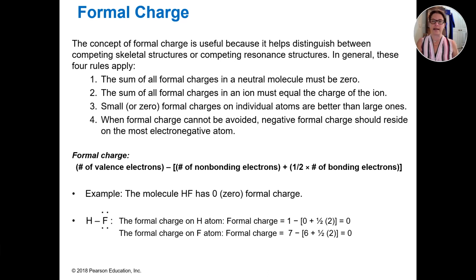So let's look at an example. If I just look at HF here, and I want to calculate the formal charge on the fluorine, I'm only looking at the fluorine. I'm going to take the total number of valence electrons fluorine has, which is 7.